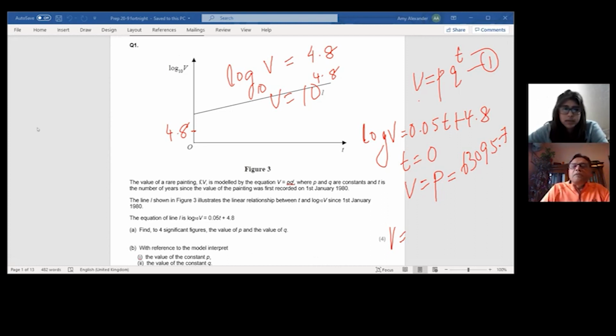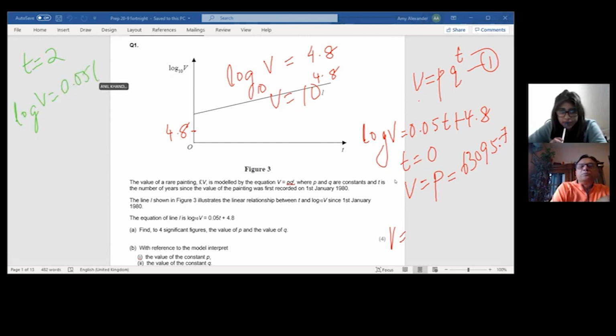Then you can calculate the value of V. We could also give a smaller value, let's say 2 or 3. Let's say T equals 2. If I put T equals 2, I get log of V equals 0.05 times 2 plus 4.8, correct?